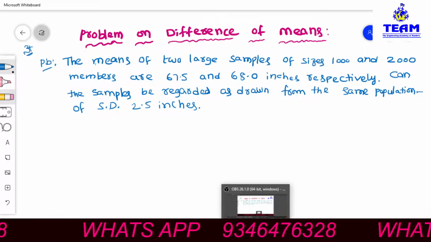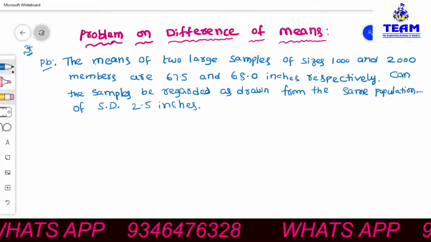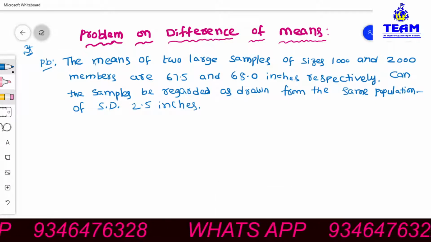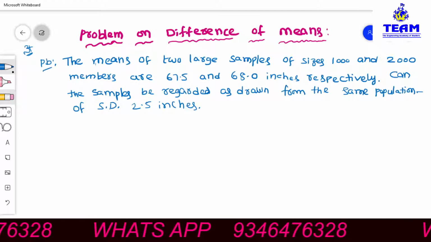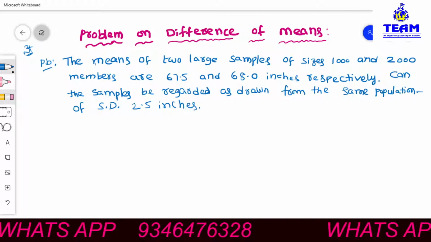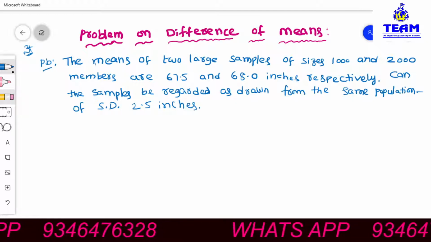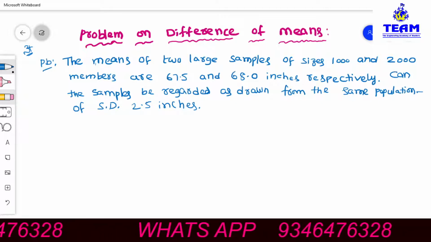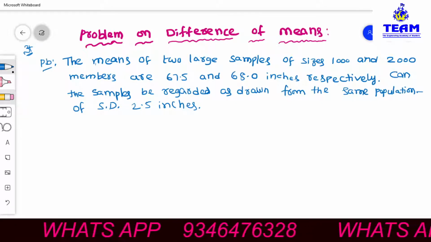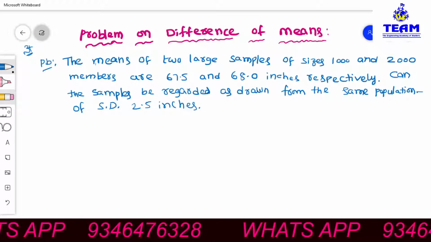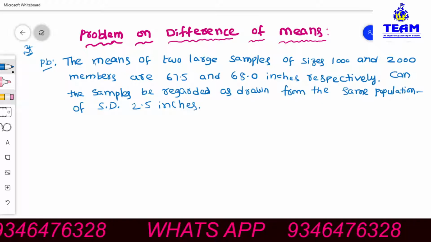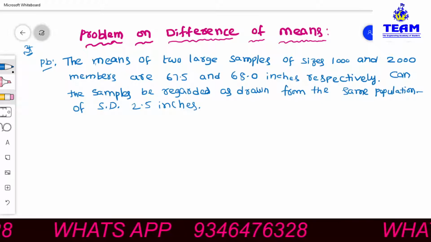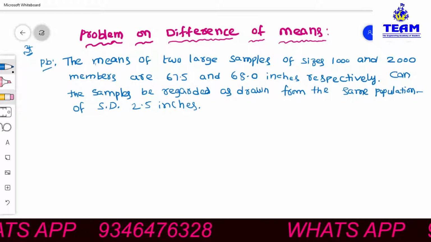Friends, the given problem is: the means of two large samples of sizes 1000 and 2000 members are 67.5 and 68 inches respectively. Can the samples be regarded as drawn from the same population of standard deviation 2.5 inches?